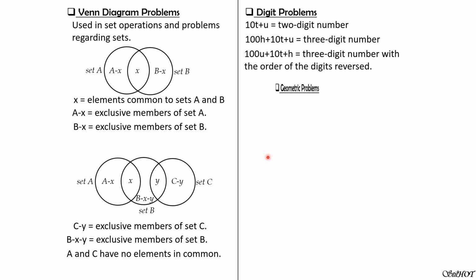So finally, we have geometric problems here. And in this geometric problem, area of rectangle is base times height. The perimeter is 2 times quantity base plus height. The sum of the interior angles of a polygon is quantity n minus 2 times 180 degrees.